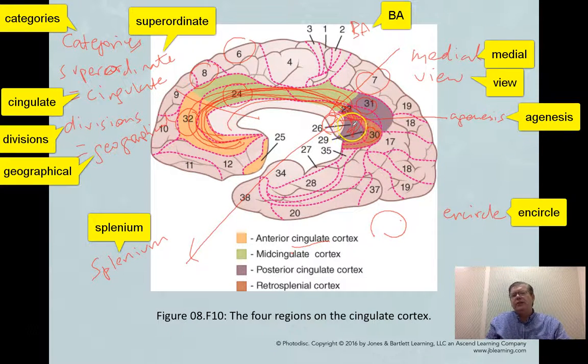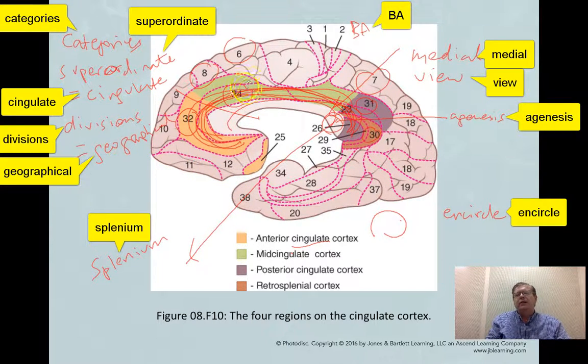They're not tied to any particular cellular structure, although we do see some overlap with Brodmann's area 32 and the anterior, and Brodmann's area 24 and the mid-cingulate, and Brodmann's area 31 and the posterior, and retrosplenial and Brodmann's area 30. Don't make the mistake, though, of assuming that the Brodmann's area is equivalent to the divisions.